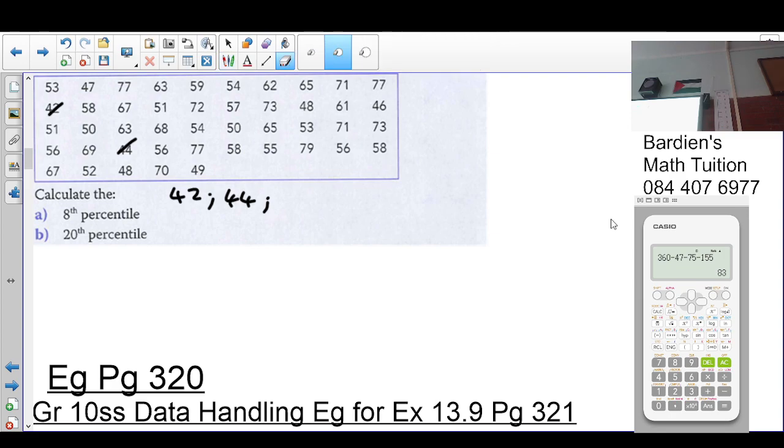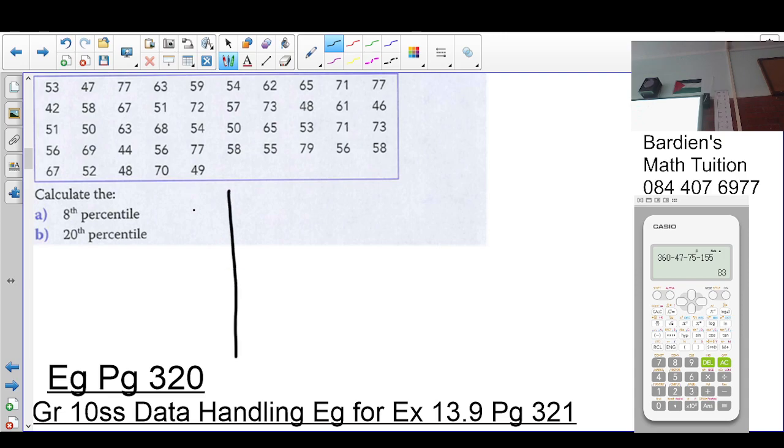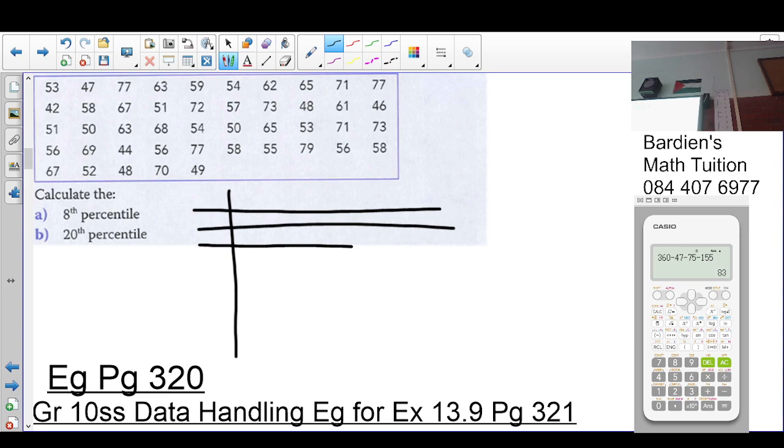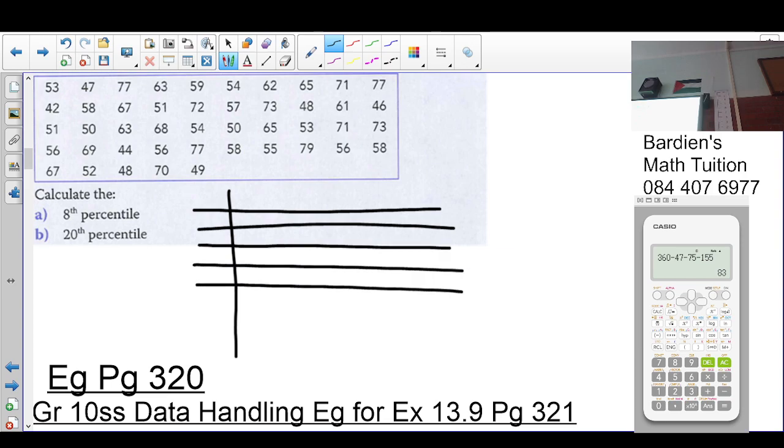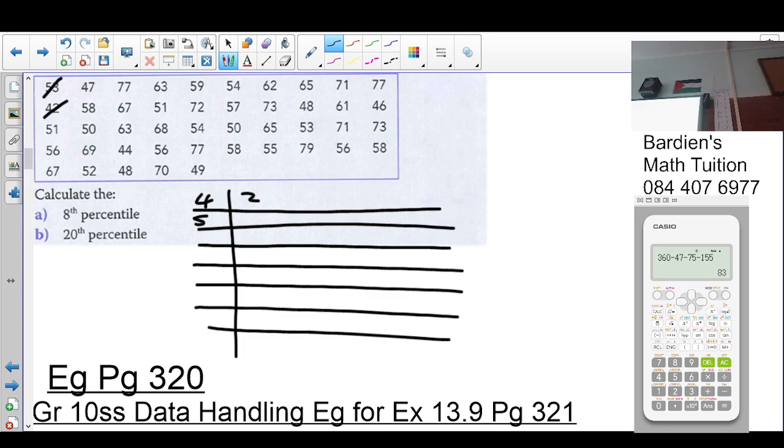I think the quickest is going to be to draw a stem and leaf. It's going to be the easiest. Right, so the smallest was 14? So it's 42, then there's 53, 47, 77.